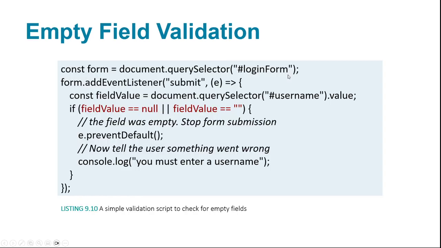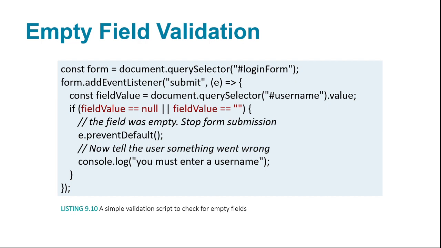Okay. So, this would be an example of data validation. What this is doing is checking if the field is empty. And we do that through checking if the value is null or if the value is empty.